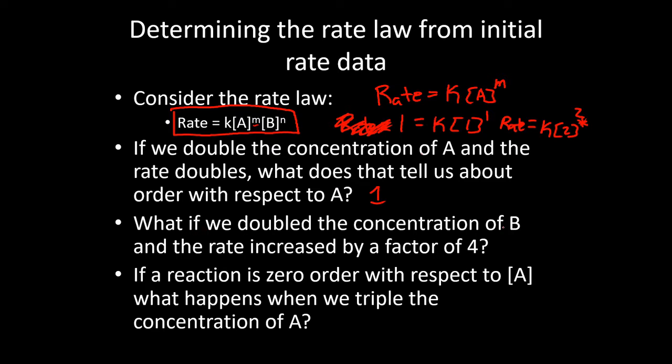Which then answers this next question here. If we doubled the concentration of B and the rate increased by a factor of 4, that would mean that it is second order with respect to B. So if we make a change in the concentration and we see the same change in the rate, that means that we have first order with respect to that reactant.